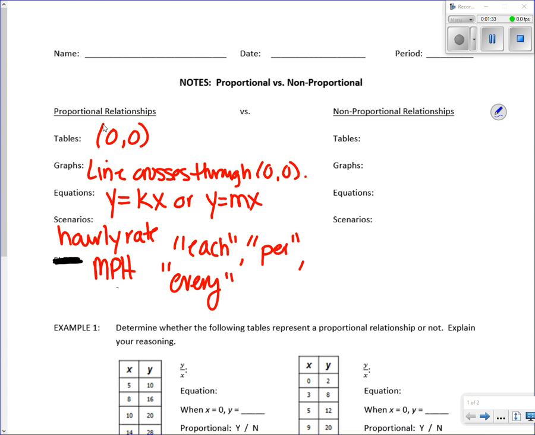Okay, so for non-proportional, on your table, your y-intercept will be 0, n, where n does not equal 0. It can be any number but not 0. On a graph, the line does not go through 0, 0.